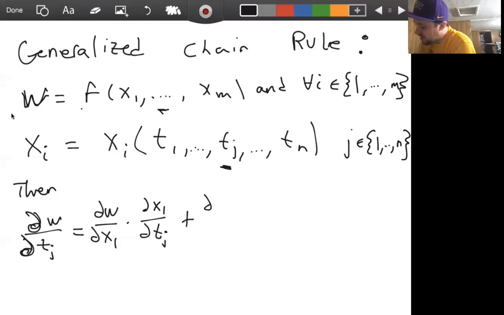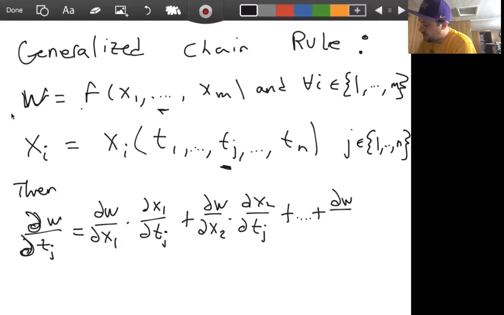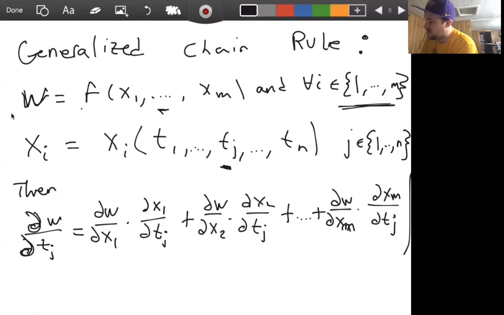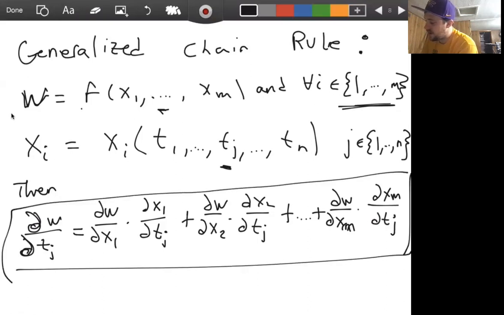And then plus partial w, partial x2 times partial x2, partial tj, plus et cetera, all the way up to partial w, partial xm, or m, excuse me, since there are m variables in the x, partial xm, partial tj. And so this is your generalized chain rule.